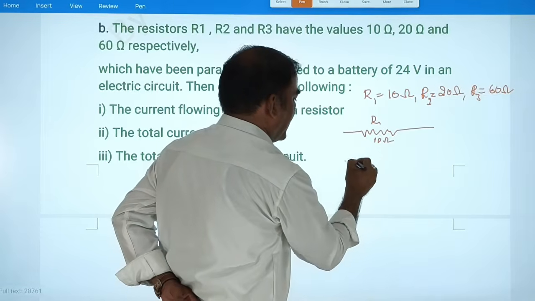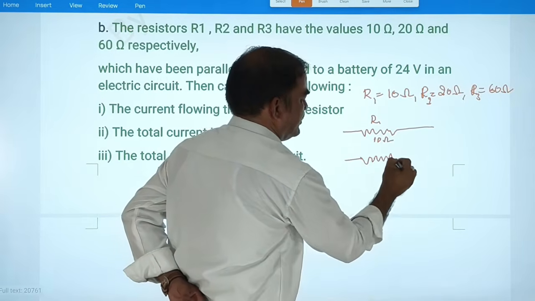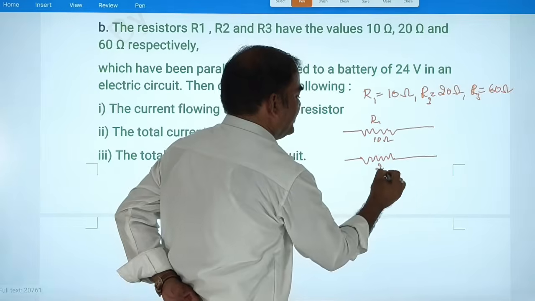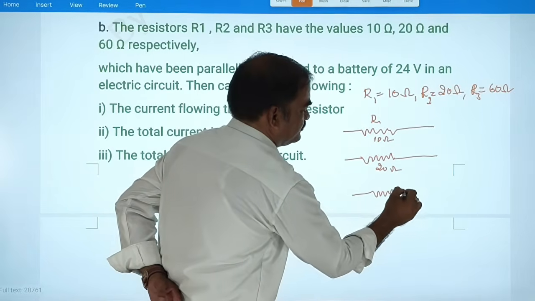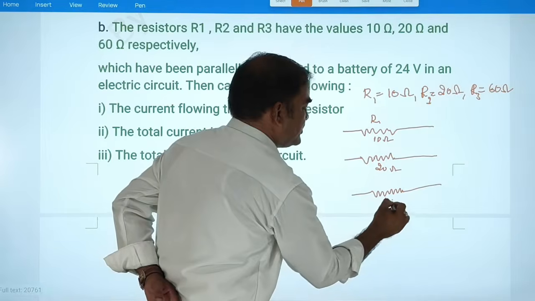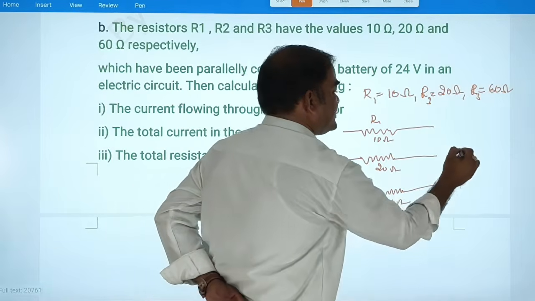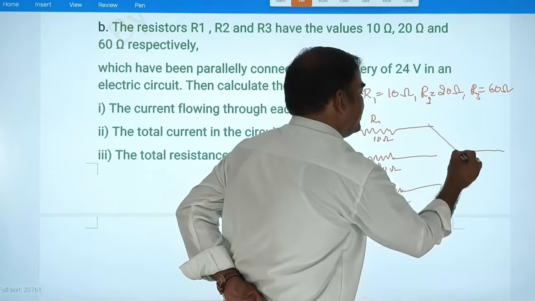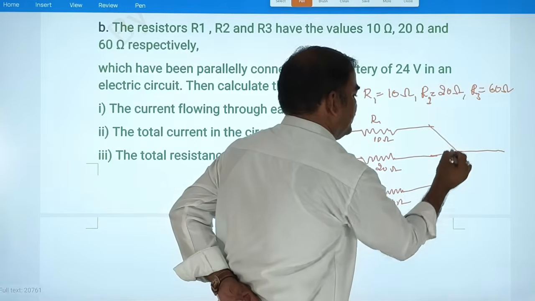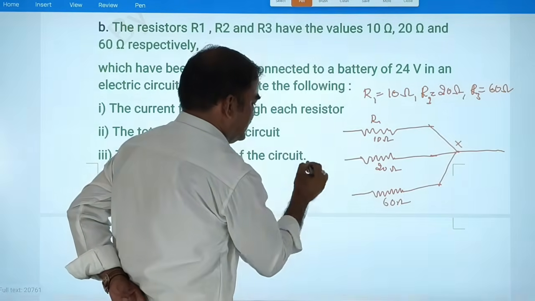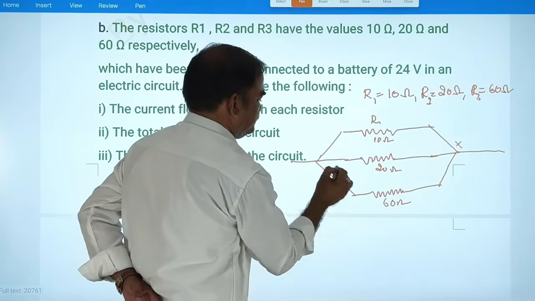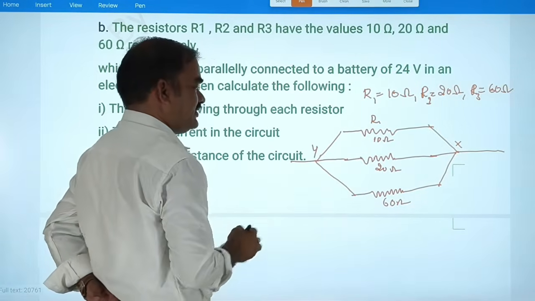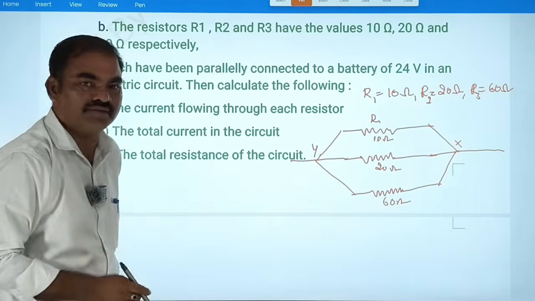One more I will take, R2, which is 20 ohms. Another one will take, 60 ohms. These are connected in parallel. This point I will take as X and this as Y.